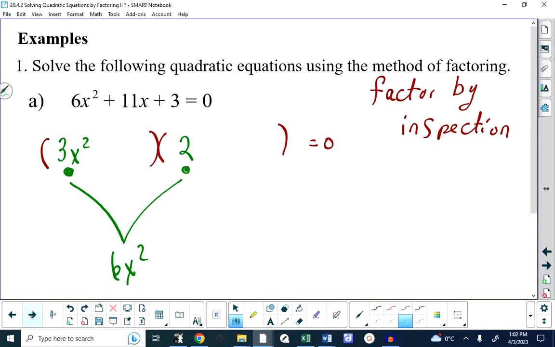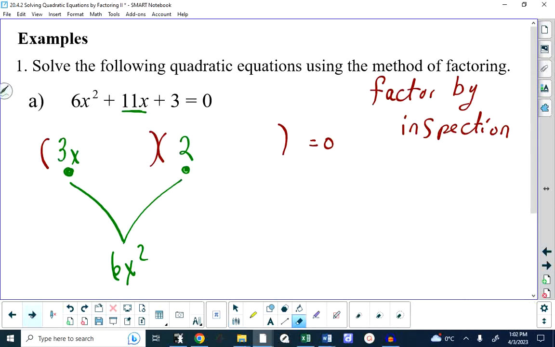This doesn't have an x squared, which would, that's why you would put 3x and 2x. Right. You need an x in each one because this 11x is going to come from the product of the inner and the outer. And the product of the inner and the outer have to be x's. So we would never do that.